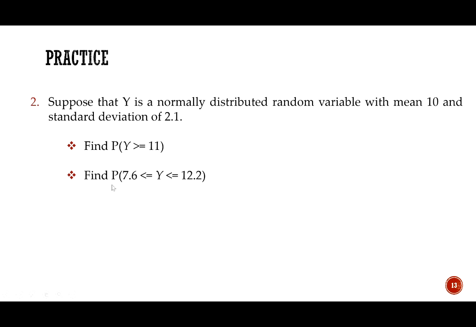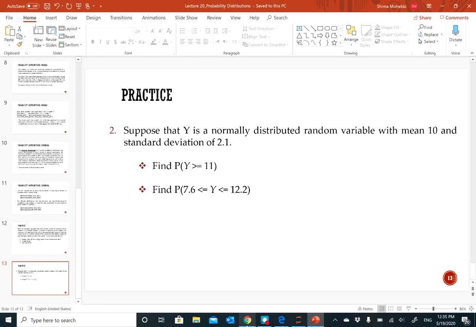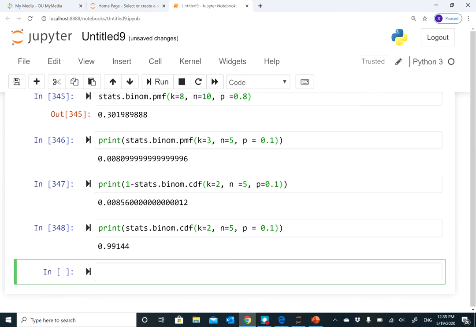And then the second question is to find the probability that y is between two numbers. So let's try to answer the first one first. So it's the 1 minus the probability of x less than 11. It means that we can use the CDF function.